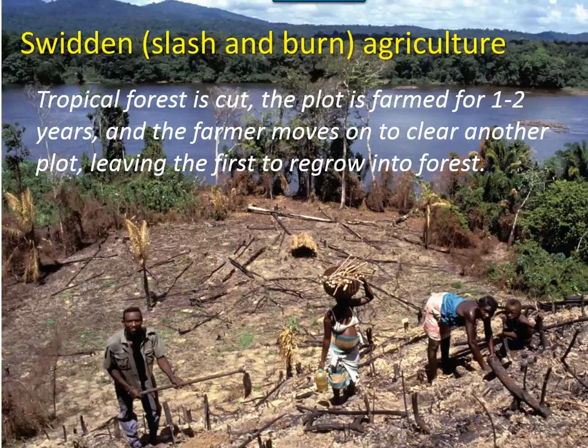And it can be sustainable if it's not done too quickly, where by the time they get back to the first area that was cut, if that soil has had a chance to regrow into forest, then that process can be repeated. But if the population density is too high, then there won't be enough time for the regeneration in between rotations.